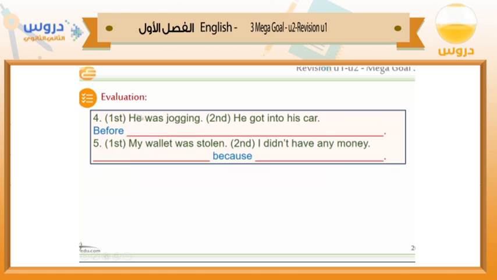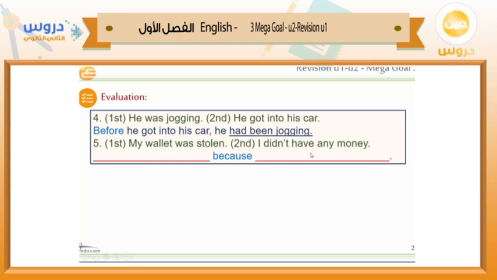Number 4, the first sentence, he was jogging. The second, he got into his car. And we are going to use before. Before he got into his car, he had been jogging.